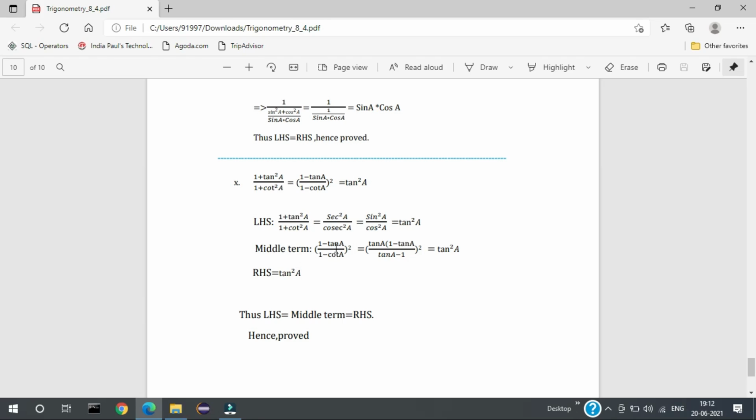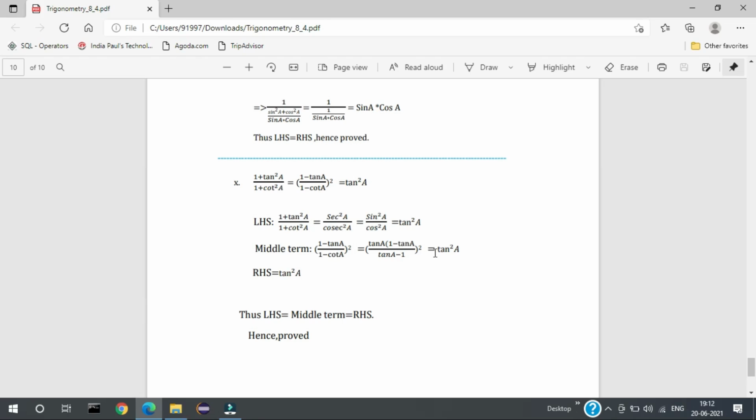((1 minus tan A) by (1 minus cot A)) whole square. That implies 1 minus cot A can be written as 1 minus 1 by tan A. So (tan A minus 1) in the numerator, and in the denominator tan A. The tan A will come to the numerator. So tan A into (1 minus tan A) by (tan A minus 1), whole square.